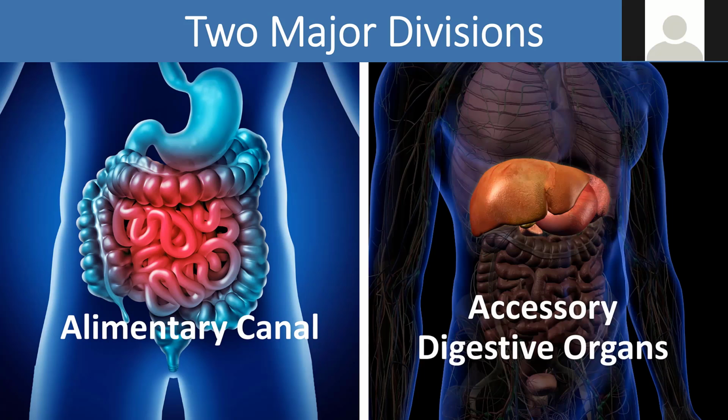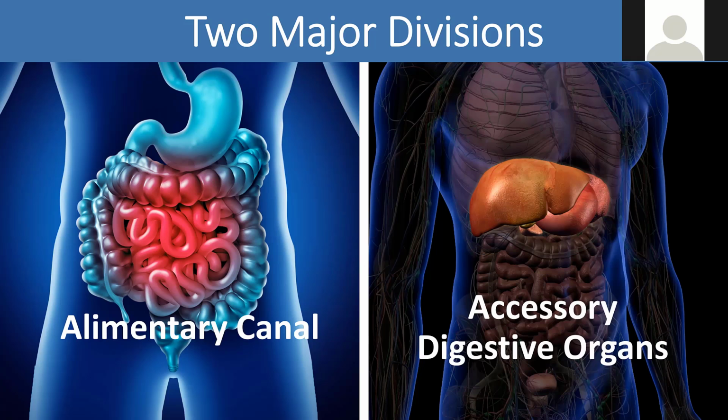And then the other one is all the other organs that have a role, the accessory digestive organs. So the liver's function in the digestive system process that we're going to talk about, the pancreas's function in the digestive system. We have the canal and we have the other organs that are really helping with the secretion aspect.